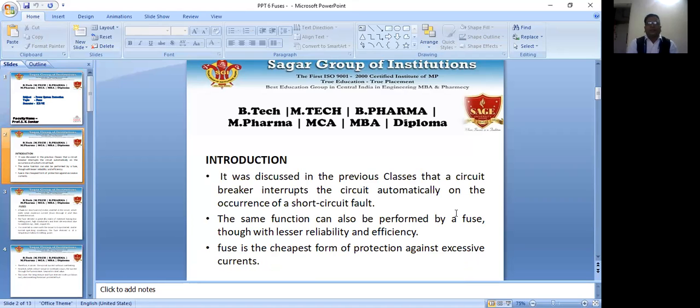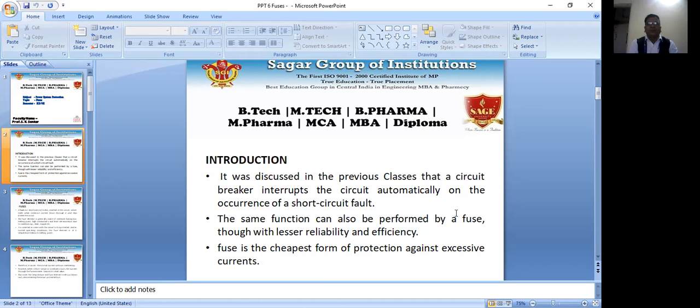Introduction. It was discussed in the previous classes that a circuit breaker interrupts the circuit automatically on the occurrence of a short circuit fault.